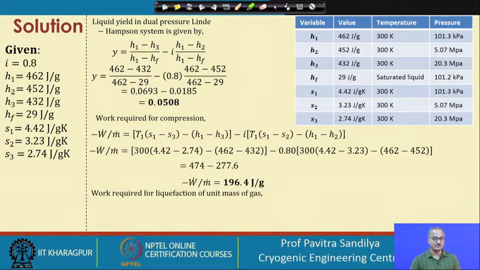And now lastly we find the work required for liquefaction of unit mass of gas. In this case we shall be using this modification over here. This will be divided by y. This will be mf. So this is mf, which we are getting from this.